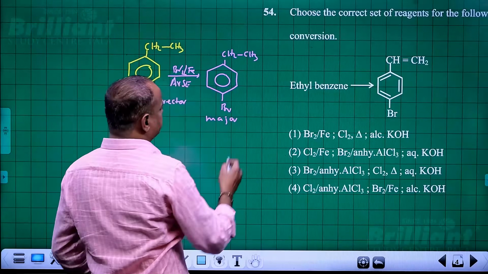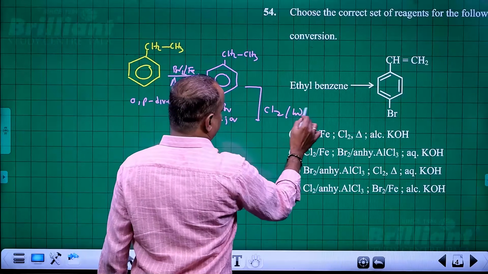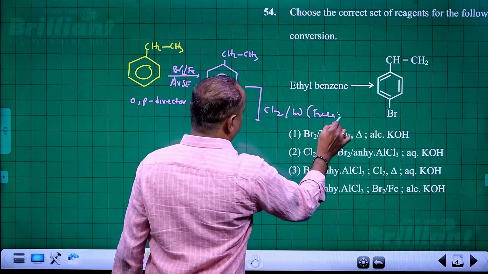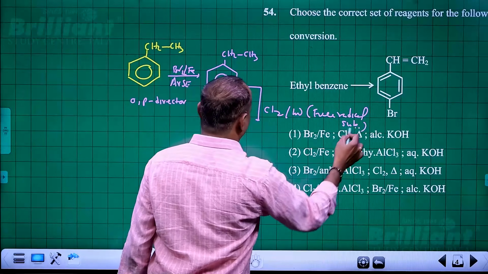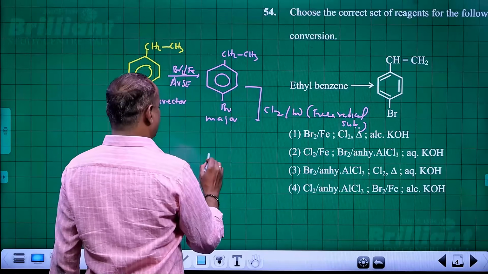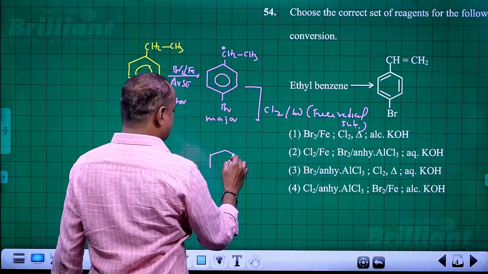Next chlorination, sunlight, free radical substitution at benzyl position. This carbon is called benzyl carbon.